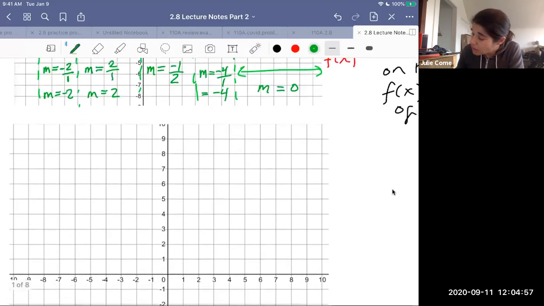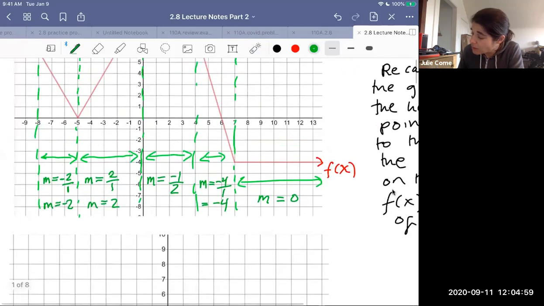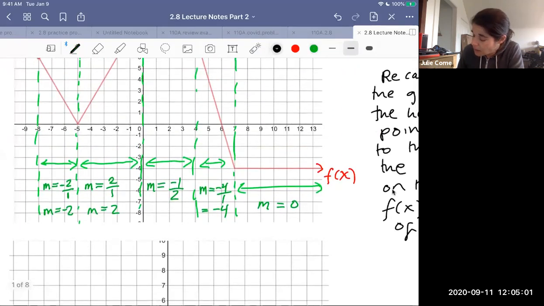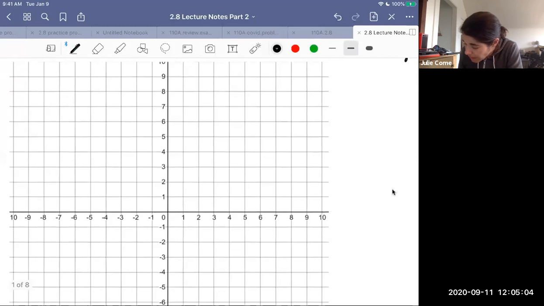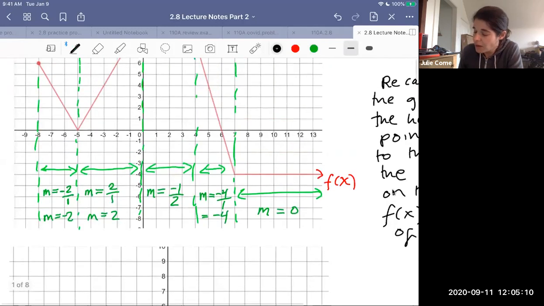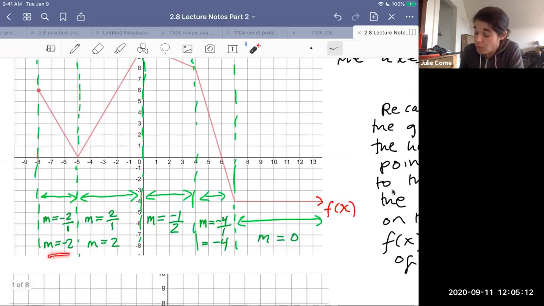Okay, so let me do the derivative function. How about in black? What do I know? I know that from -8 to -5, the height of the derivative function should be -2 because that was the slope of my original function on that interval of x values.